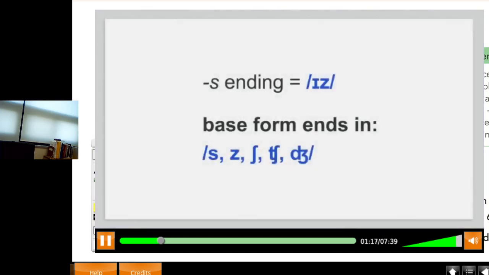We pronounce the S ending "iz" when the base form ends in a hissing sound: S, z, sh, ch, or j.